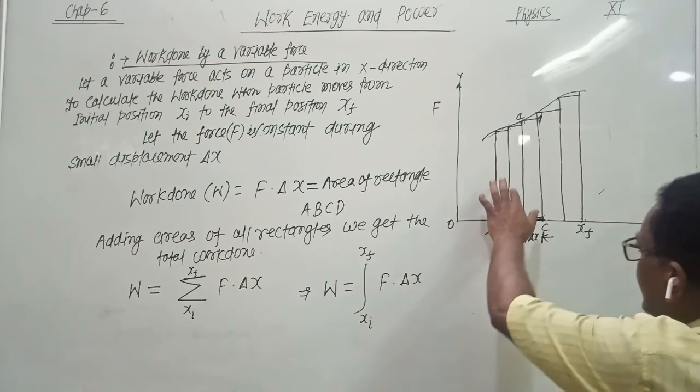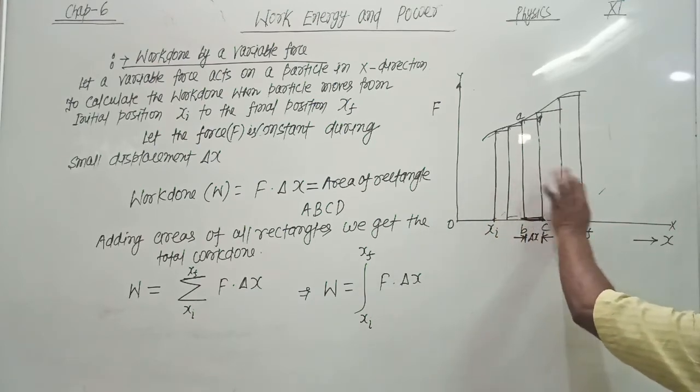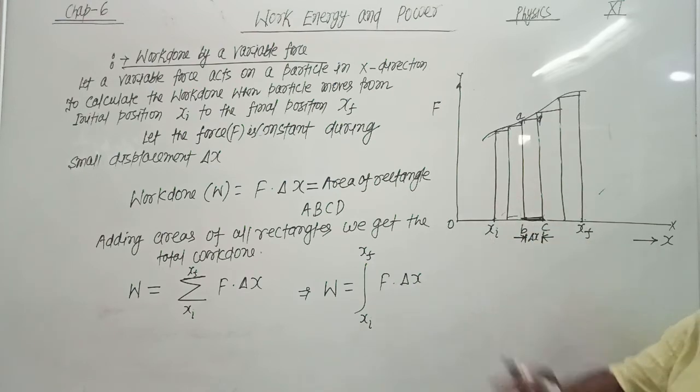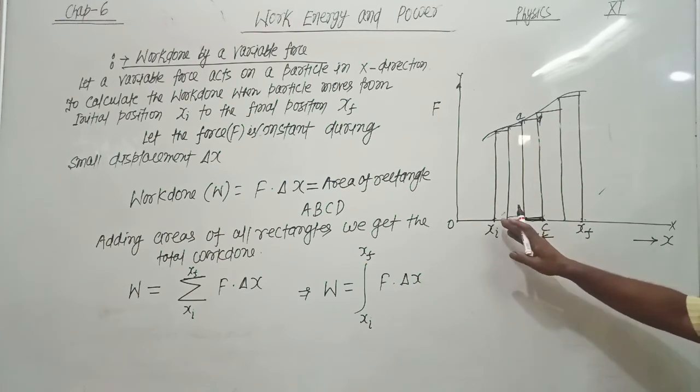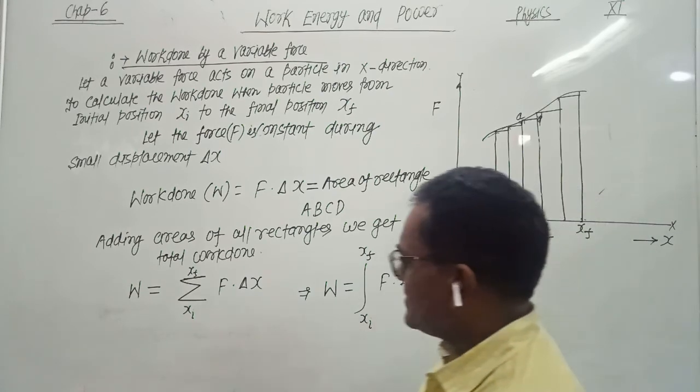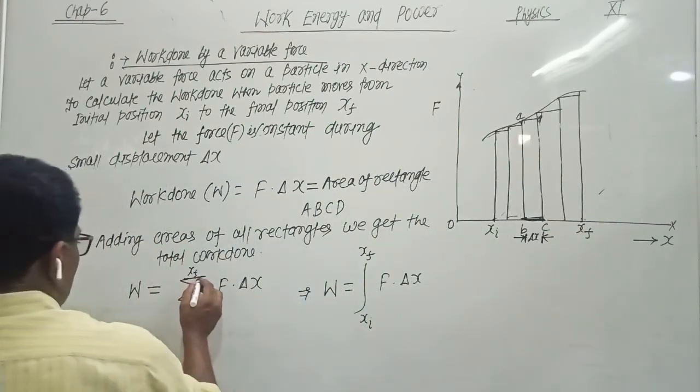When we add the areas of all these rectangles, we get the total work done in displacing a body from xi to xf.